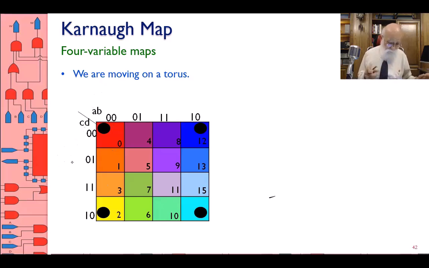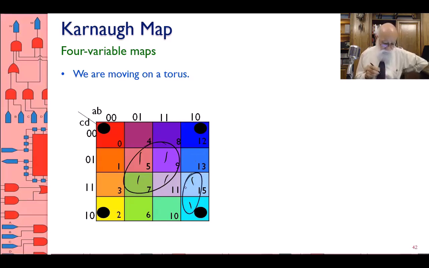And now let's do the adjacency. We have already shown you that these four are adjacent. We have already shown you that these two are adjacent. Let's do this. These two are adjacent. And now I'm showing you that the four on the corners are also adjacent.